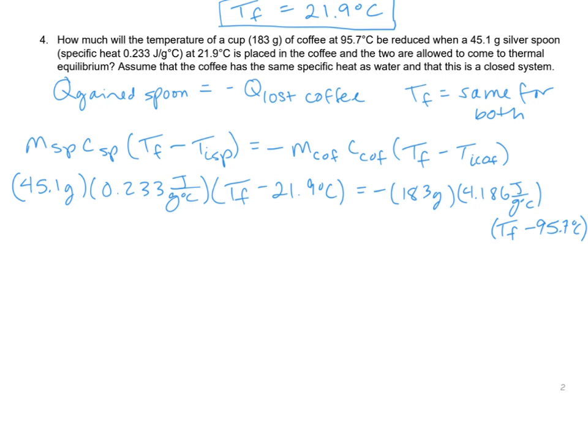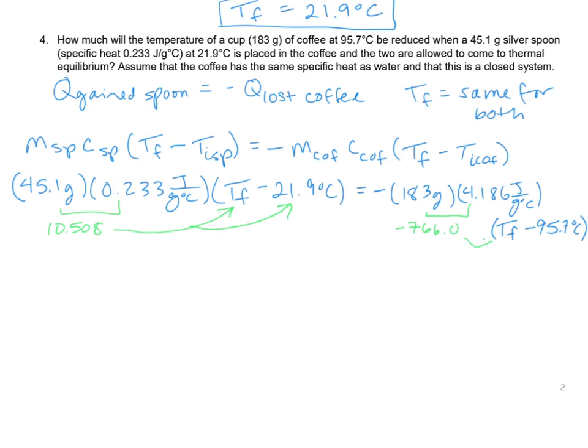And so just like on the previous problem, we will multiply and then distribute. So 45.1 times 0.233 is 10.508. And I'm losing my units just for simplicity's sake. We will distribute that across the parentheses. 183 times 4.186 is negative 766.0.